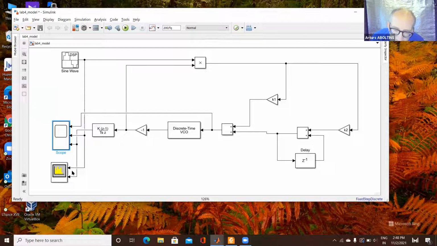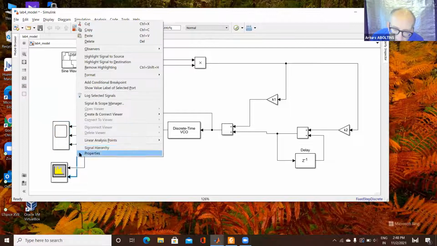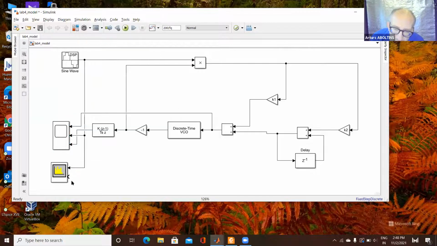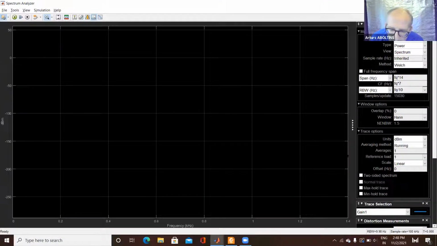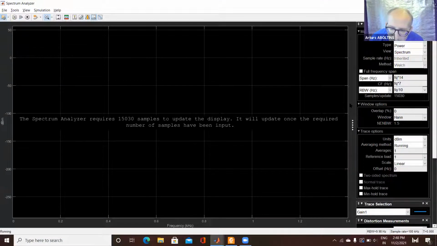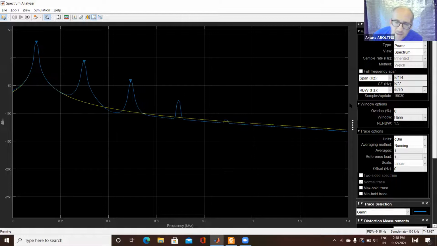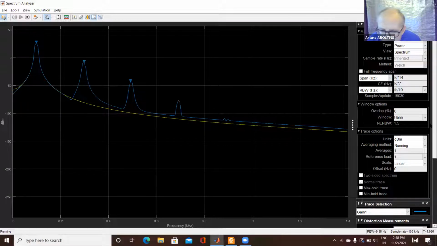Okay. But then it will be a little bit strange. Like here? Scope, yes, and run now. It will be a little bit different, smaller THD, I think, because this derivative increases the level of harmonics.